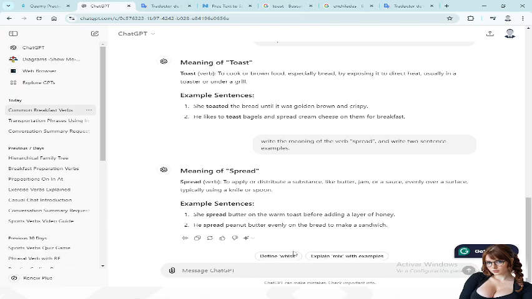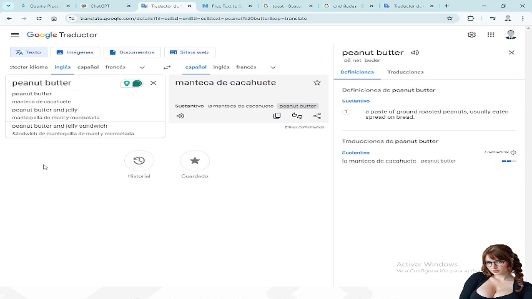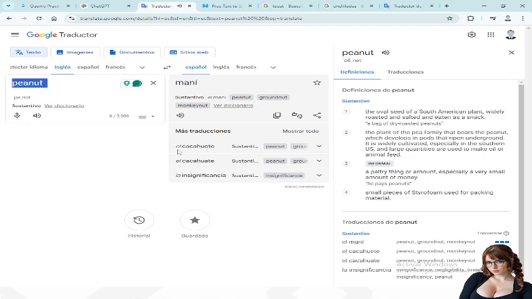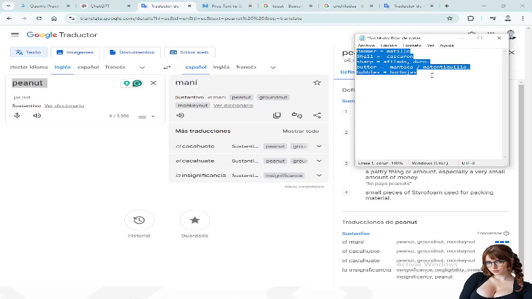Right now, what is our example? He spread. If we don't know the correct pronunciation of one word or a couple of words, peanut butter. Peanut butter. Okay, and we are going to paste the word here.